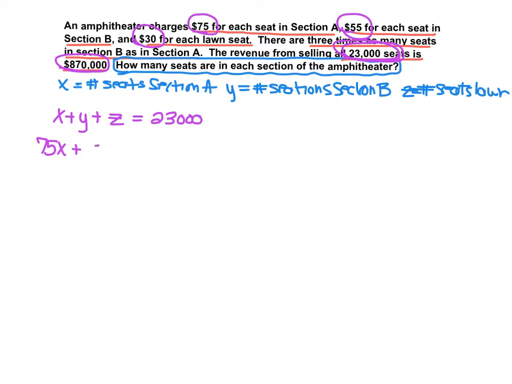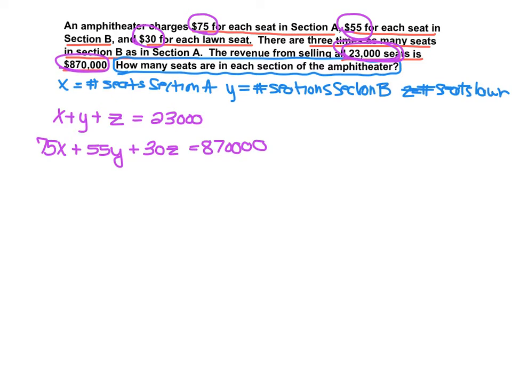We'll add that together with 55Y, which is $55 per seat in section B times Y, the number of seats in section B, plus 30Z, which represents $30 per seat in the lawn area, times Z, the number of lawn seats that we sell. And those 3 amounts added together are going to equal $870,000. So just by knowing how many seats we sold and the revenue, we were able to write 2 equations.